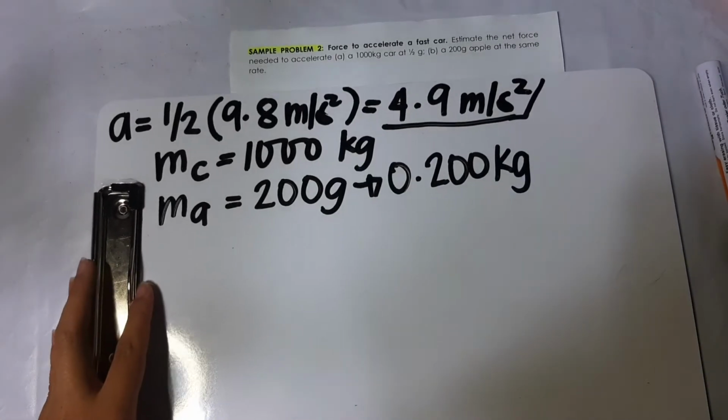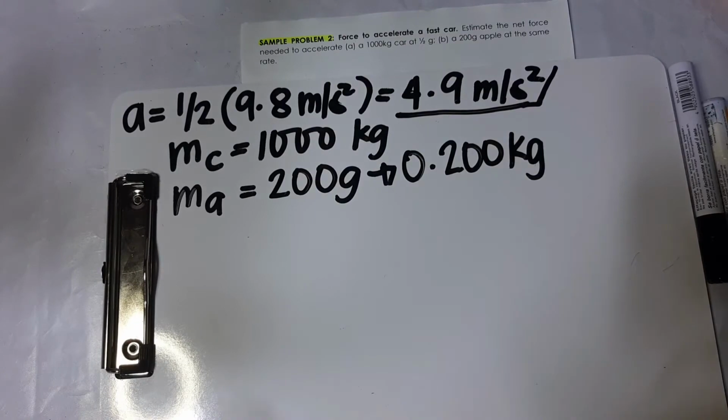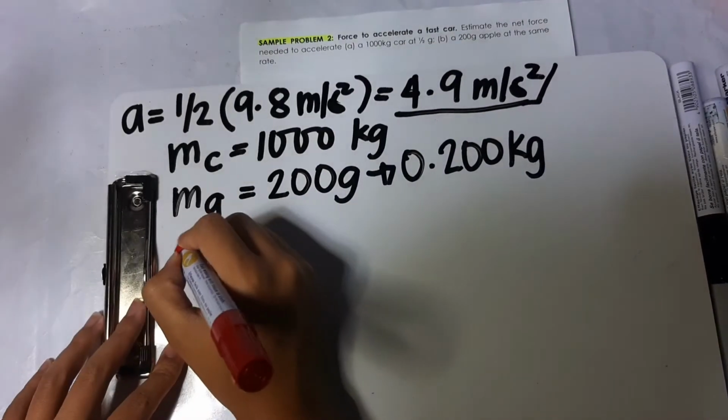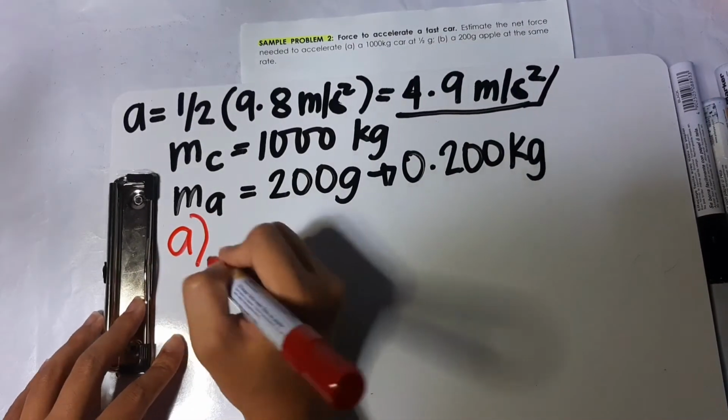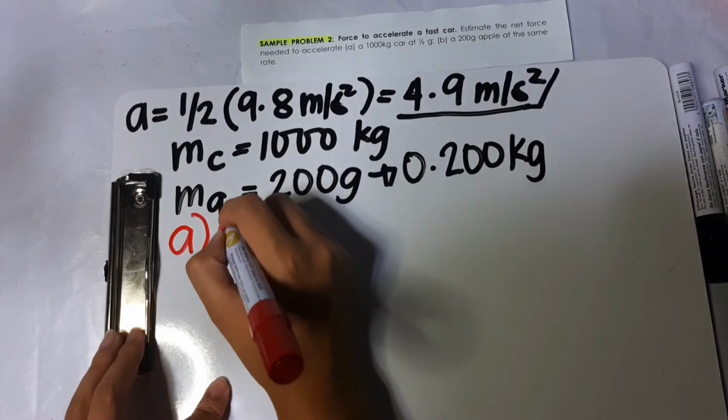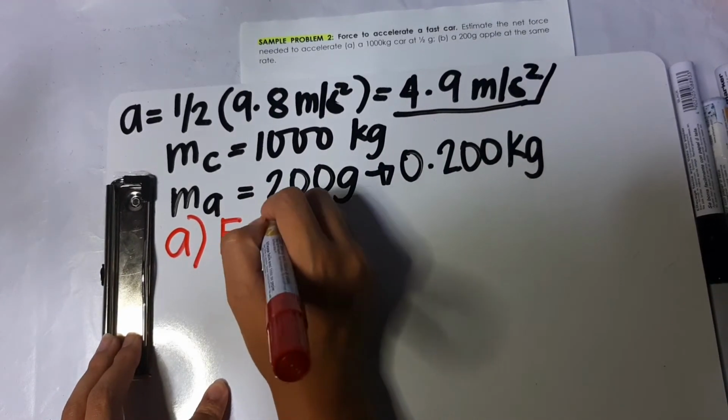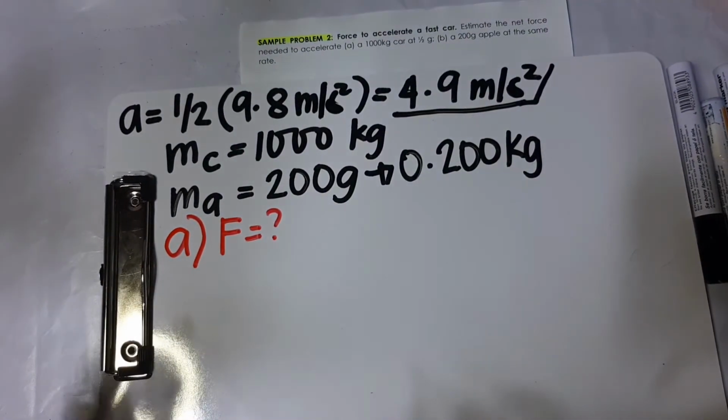First, we need to solve for letter A. Letter A, and the unknown for letter A is the force. So this is our unknown.